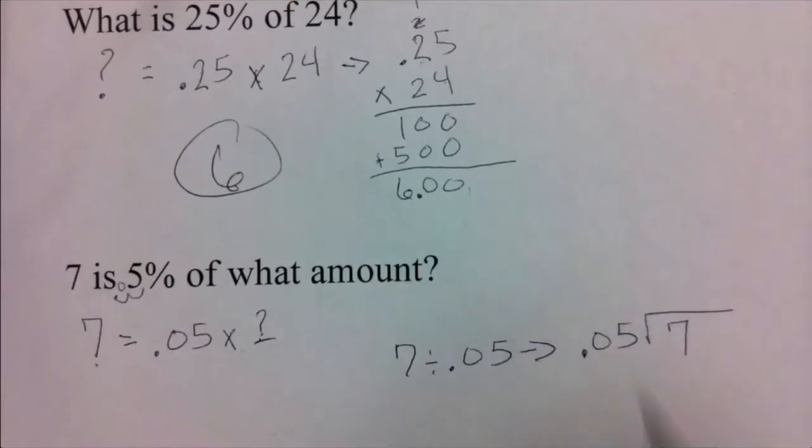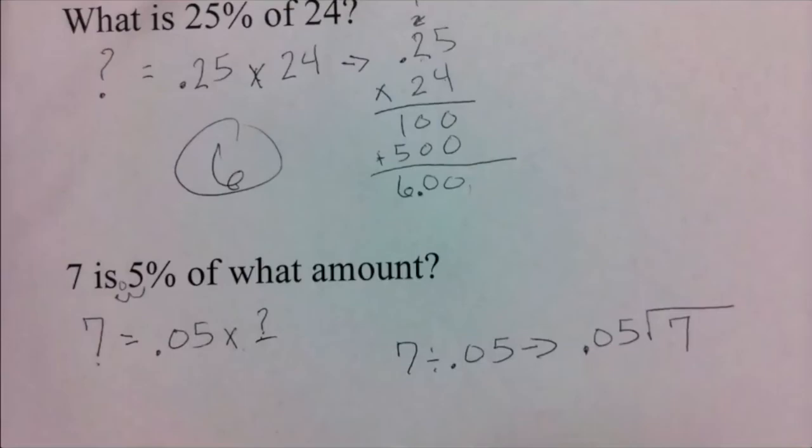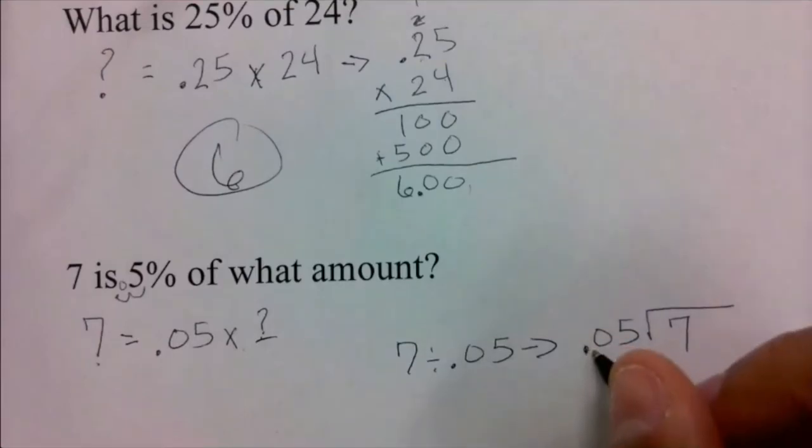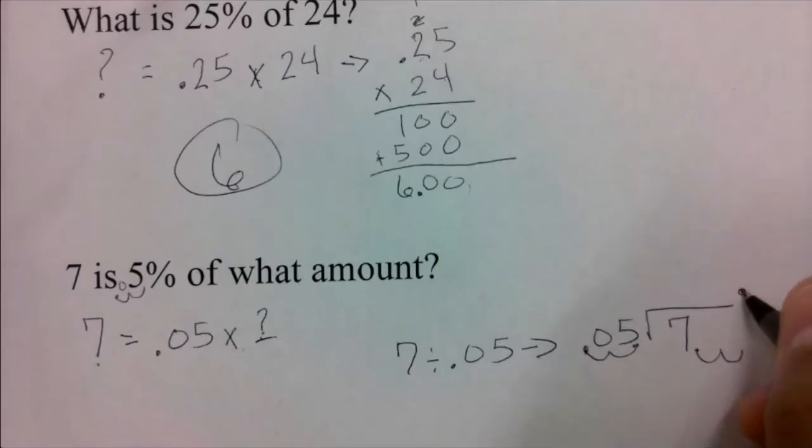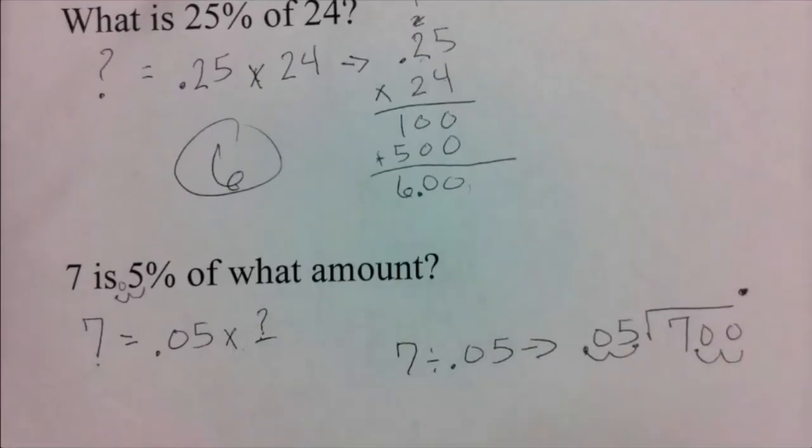Remember, we cannot divide by a decimal. So let's move that decimal in twice, and do the same thing to our 7. There's a decimal right behind the 7. We're going to move that twice and plant our point up in our zeros.